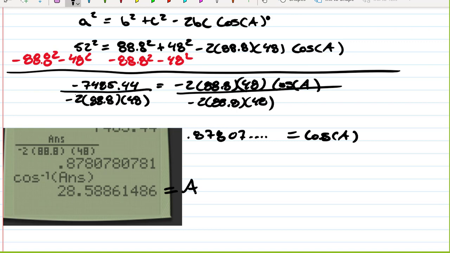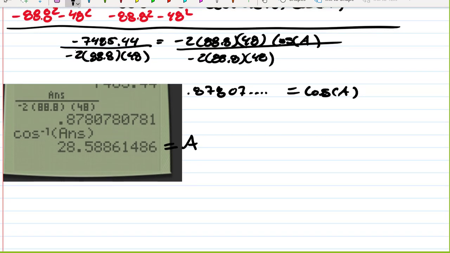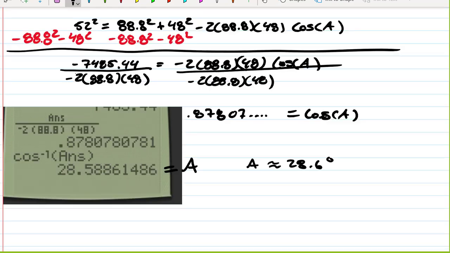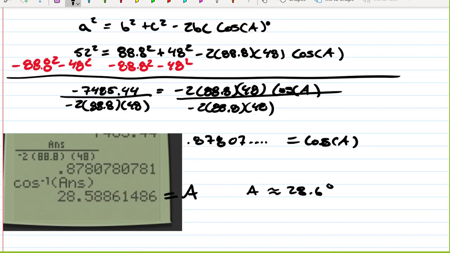So now we have 28.58, so A is about 28.6. And now we can solve for the last angle.